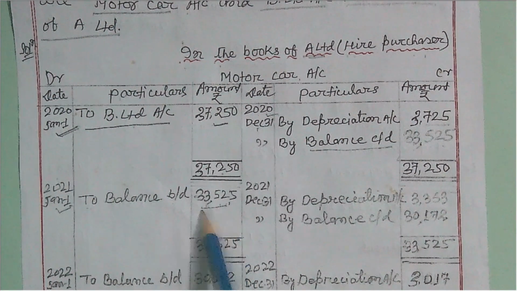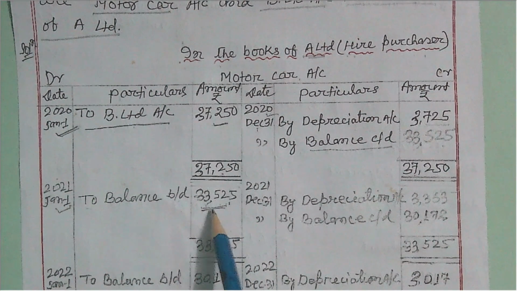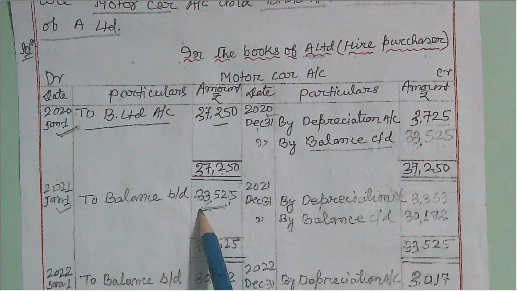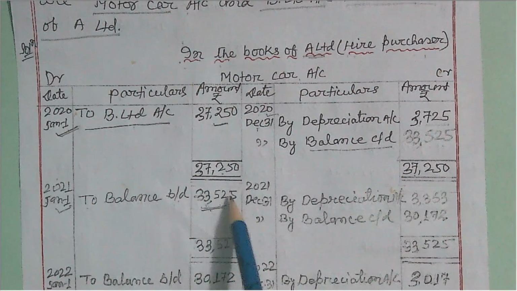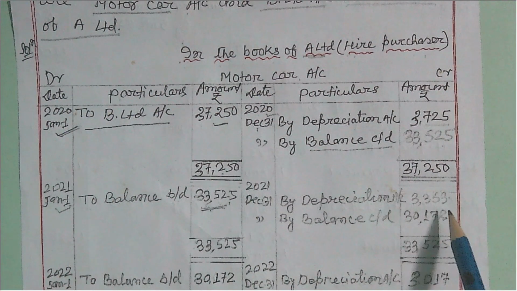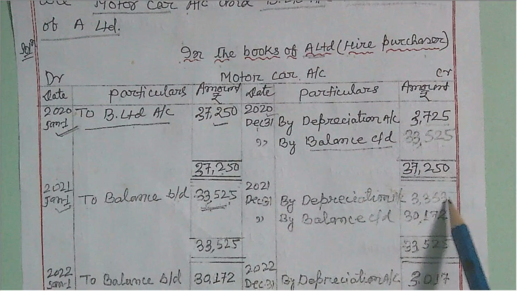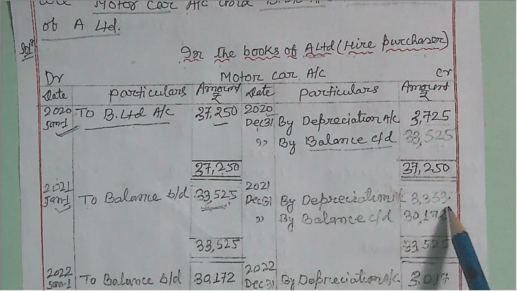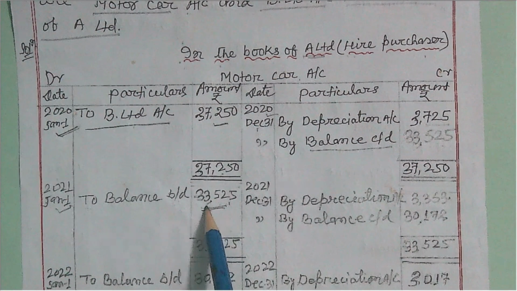On this balance again we have to charge depreciation at the rate of 10%, so 3,352.5, rounded off to 3,353.